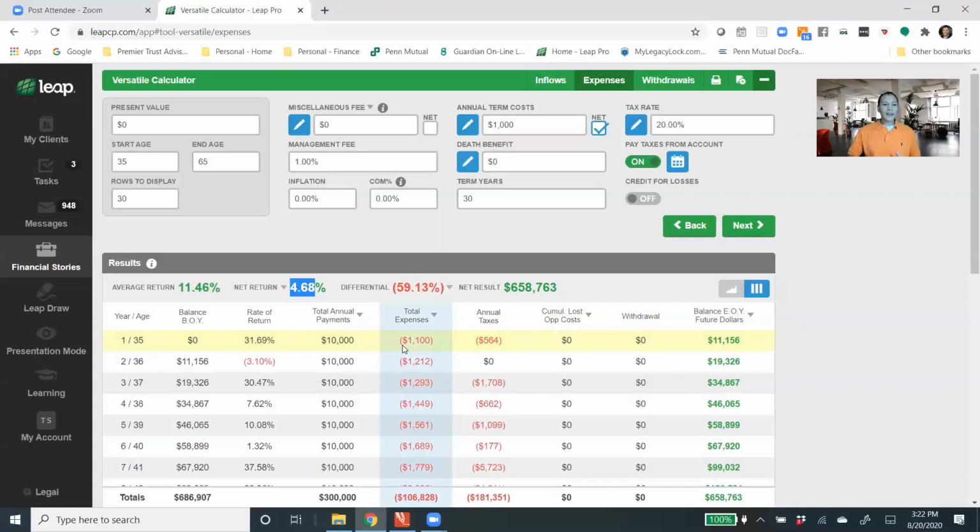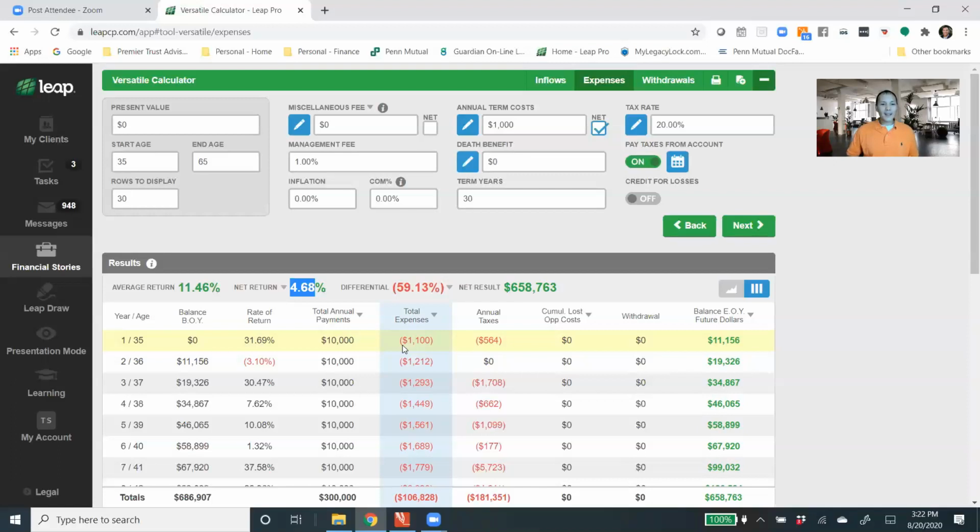And this doesn't even factor in inflation. So when you look at this, it's important to recognize that, yes, they may tout these incredible average rates of return, but you've got to look at what the net is. What is the resulting amount in your accounts that you get to use? Because that's really what's going to matter the most in the end.